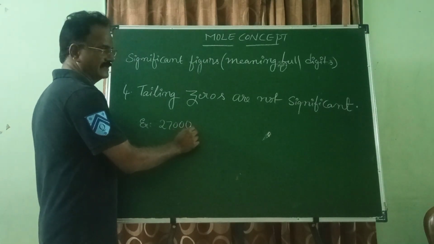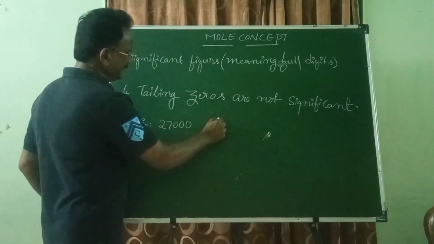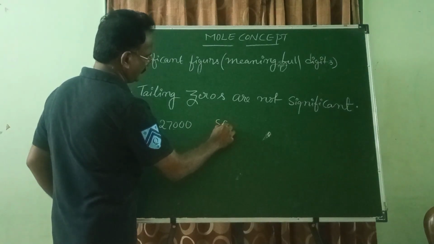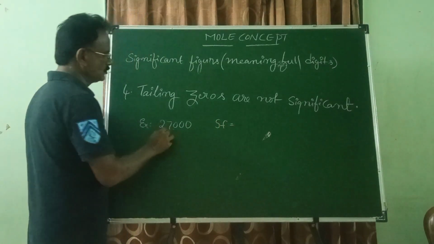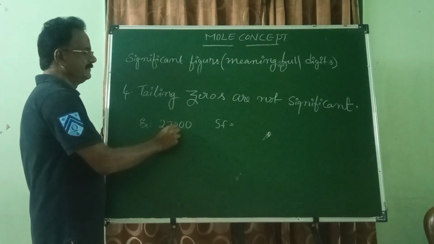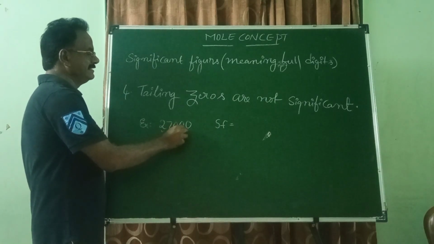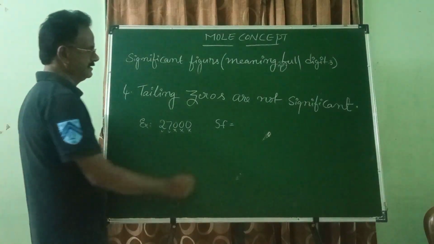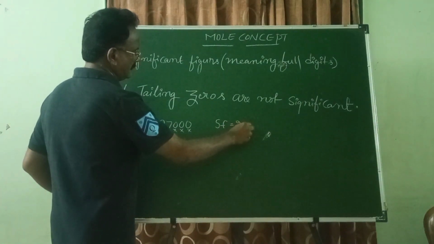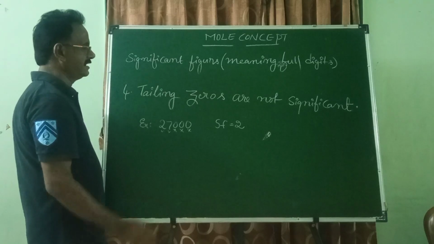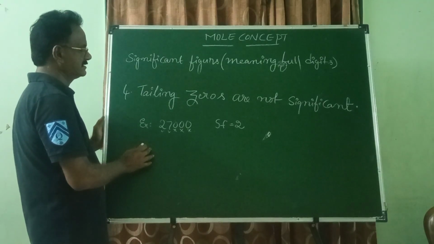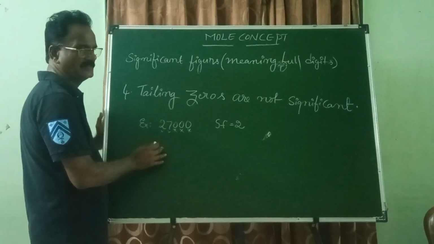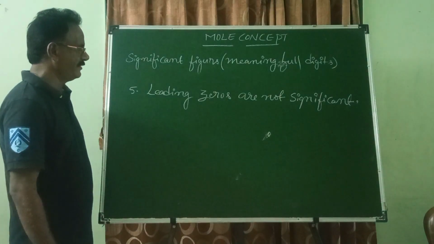These are not significant. How many significant figures does this number have? There are 2 significant figures. Being trailing zeros, these are not to be considered as significant. Is it clear?